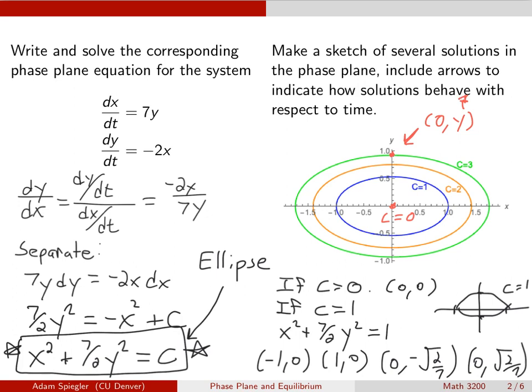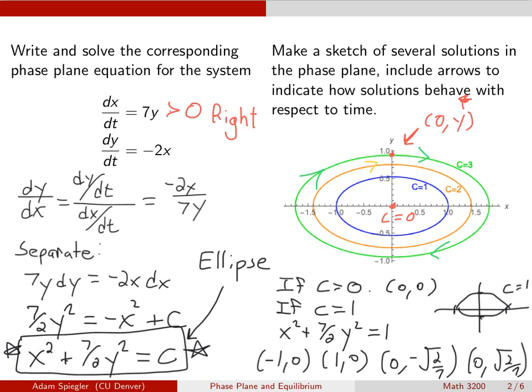If I plug in 0 for x and a positive number for y, then dx/dt would be positive. That means we would move in the positive x direction, to the right. If we're moving to the right over here, that means on this curve we must be moving in this clockwise direction, and the same would go for the other ones.